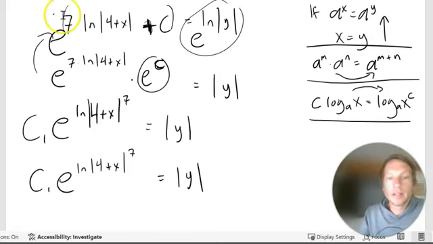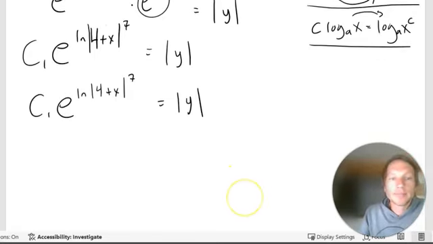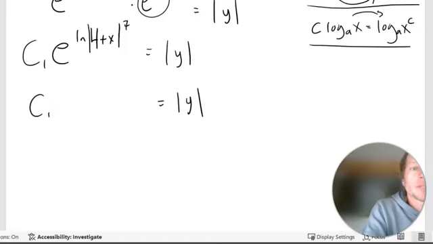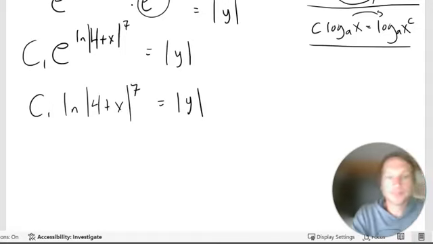And I'm almost done. Let's actually apply a simplification step. That would just be the natural log of 4 plus x all to the 7th power.